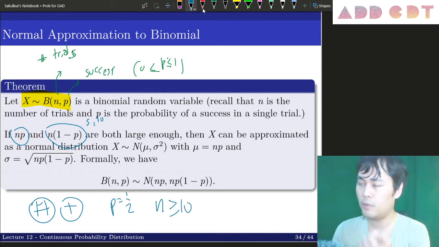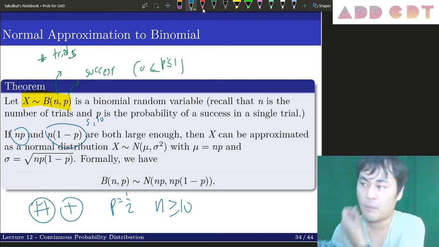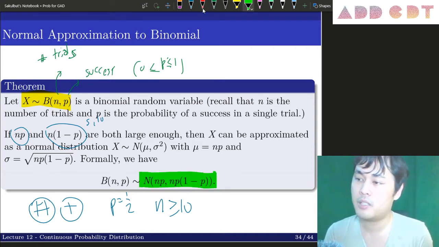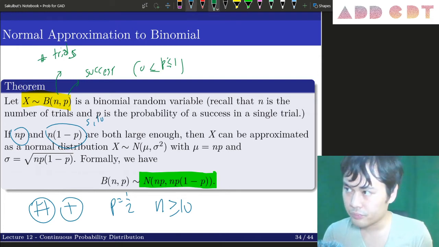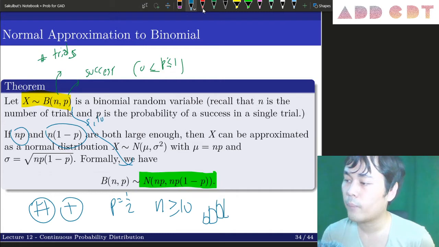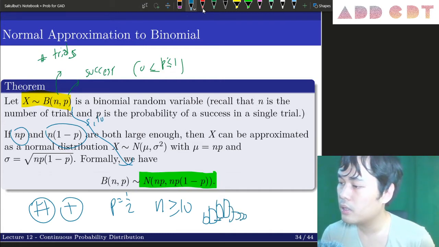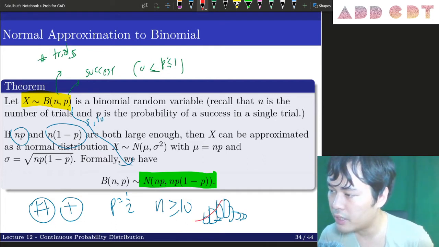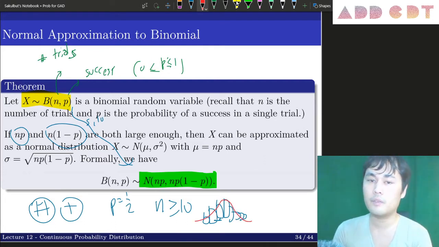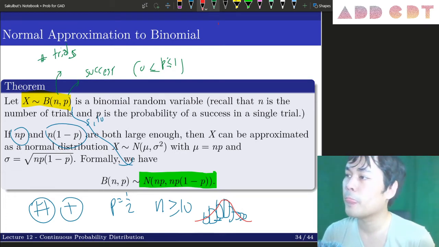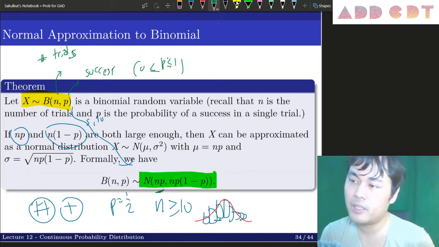If you flip coins at least 10 times, then this X can be approximated using the normal distribution instead. So this discrete distribution curve will fit pretty nicely with the actual normal curve. There's gonna be some error, but they're gonna fit with new parameters.